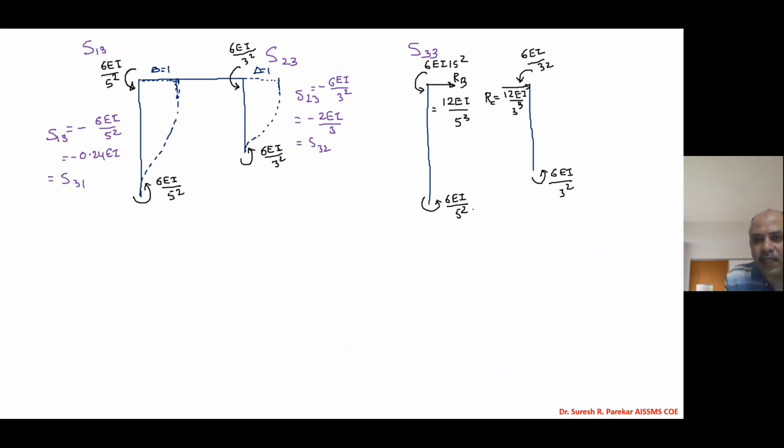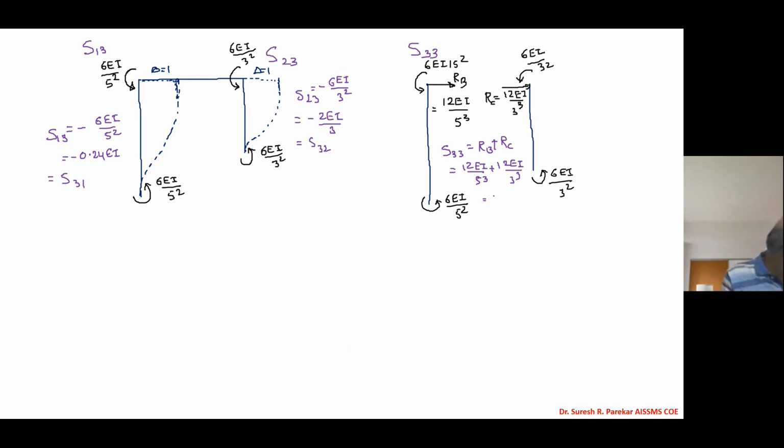And now S33 we have to find out, which is equal to RB plus RC, and that is equal to 12 EI upon 5 cube plus 12 EI upon 3 cube.